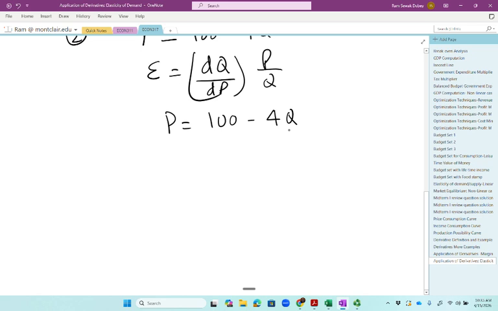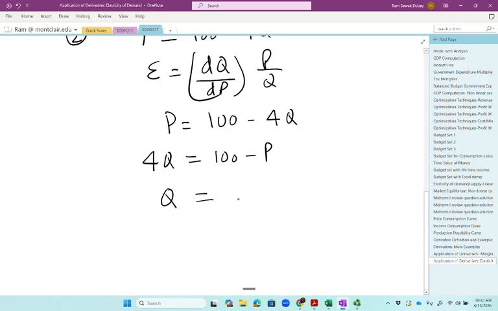I can move the second term on the right hand side, negative 4Q, to the left. So, I'll get 4Q. And I can move the term on the left hand side to the right. So, it will go as negative. So I get 4Q equal to 100 minus P, but I need Q by itself. So I'll divide both sides by 4.